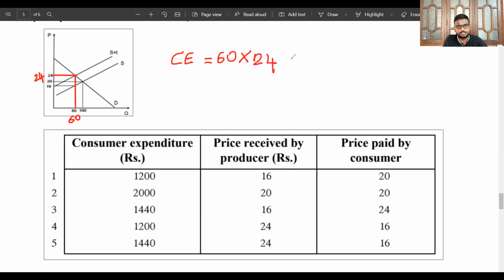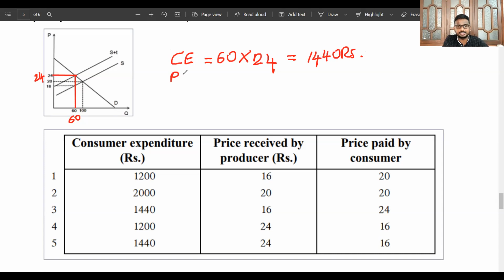So 60 into 24 is how much? You guys can quickly measure. You can see it will be something around 1,440, I believe. Right? 1,440 rupees.